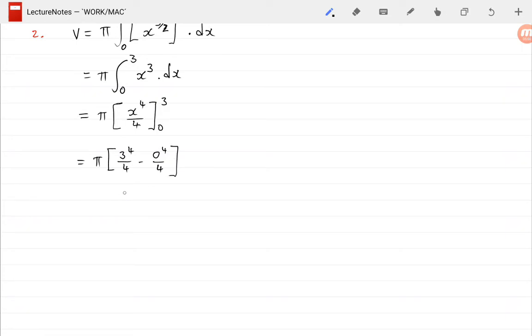Okay, and 3 to the power of 4, hold on, I should have calculated this. 3 to the power of 4 is just 81, divided by 4, so it's 81 over 4. So our answer here for the volume is just 81 pi divided by 4. Simple as that.